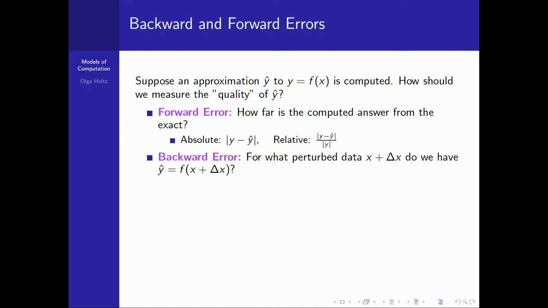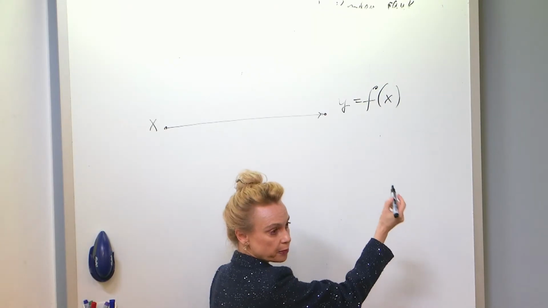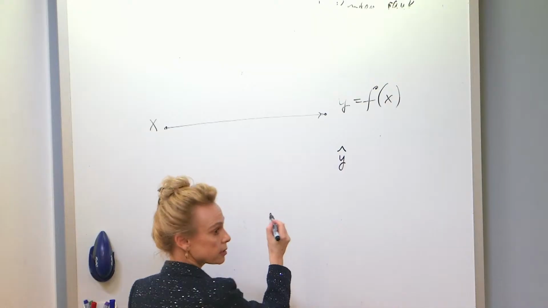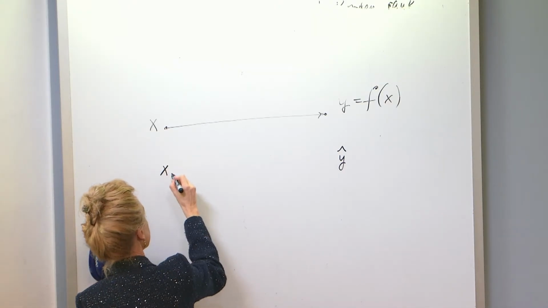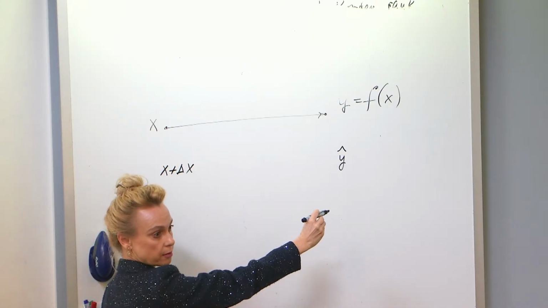Let me try drawing a little diagram. So here's x. Theoretically, it should go to this point y, which is f of x. Instead, what we computed is y hat. And what we want to determine is from which perturbed value of x this comes.